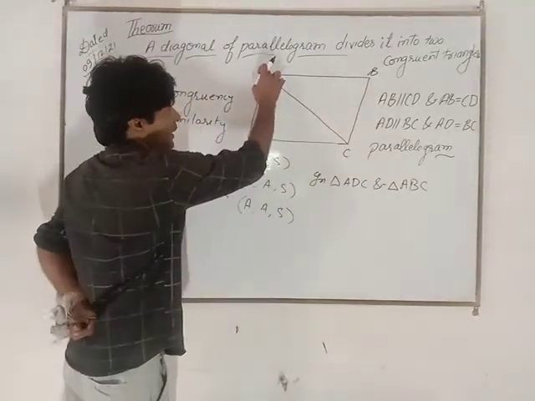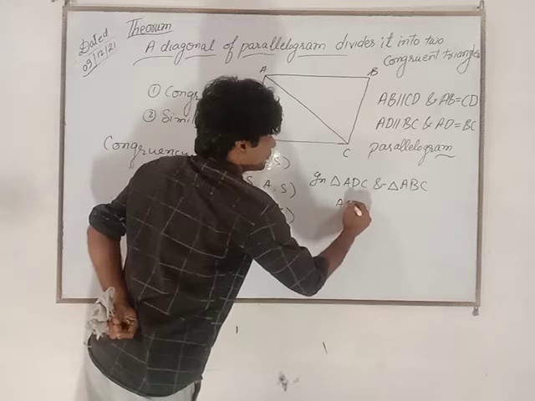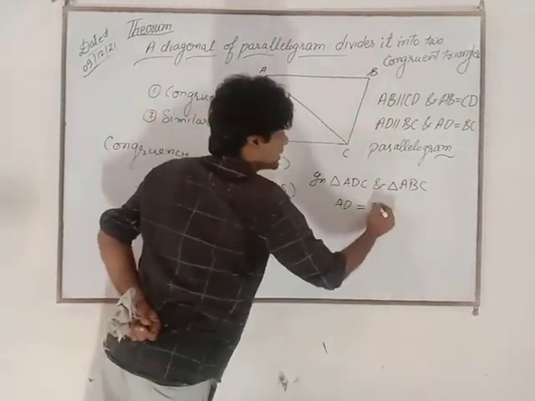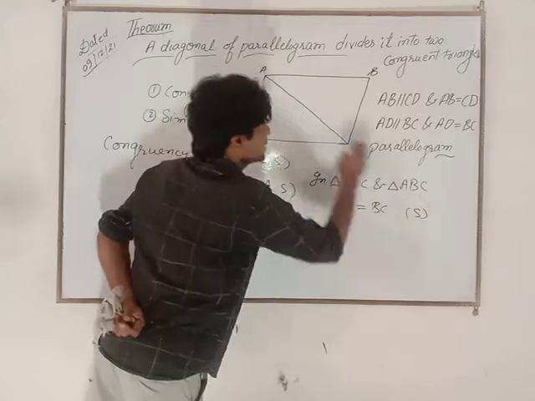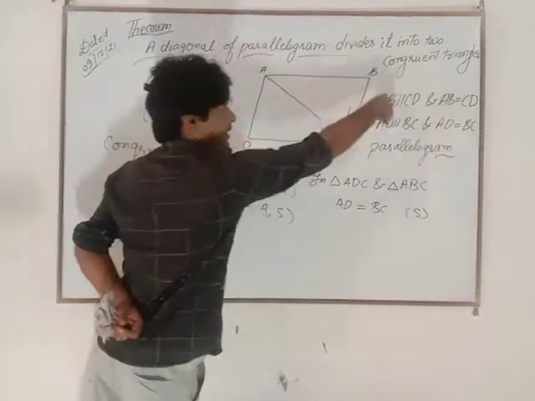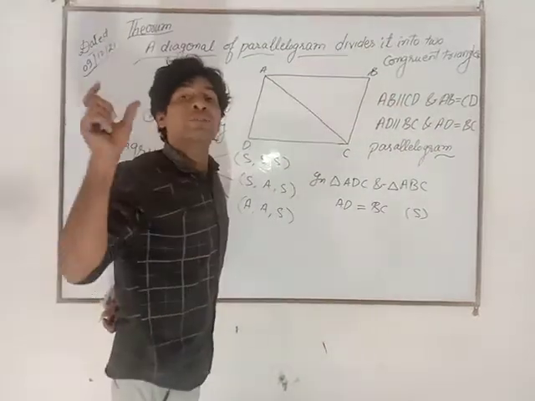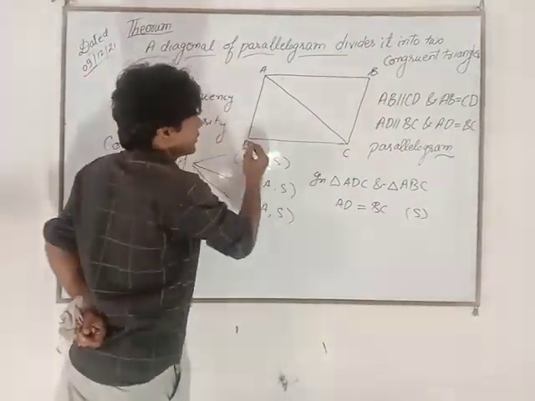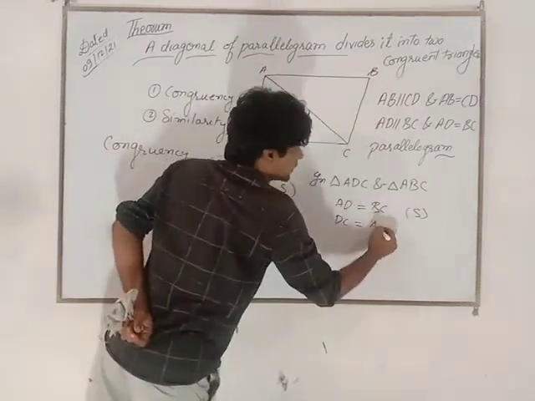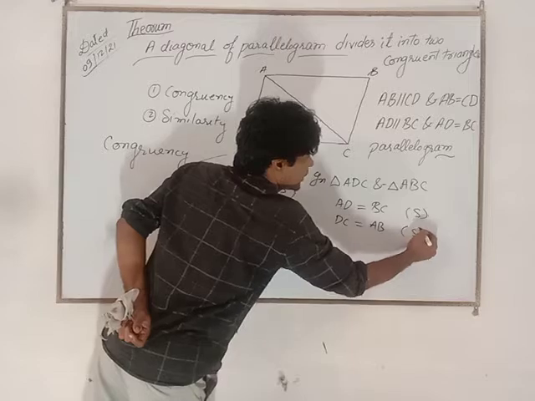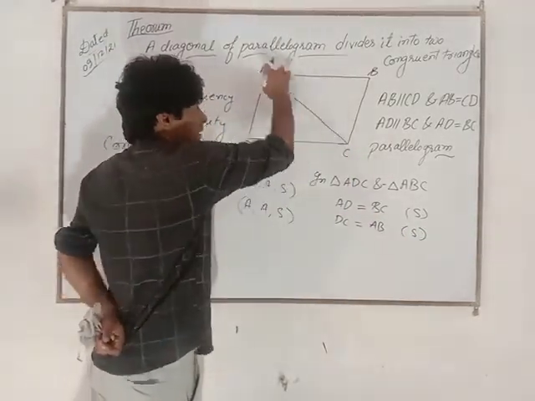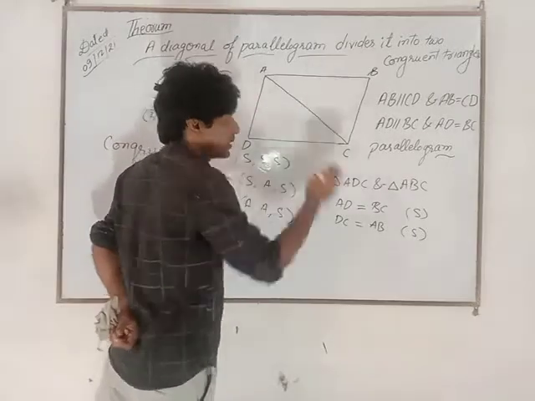Now AD is equal to BC, one corresponding side is equal. Here already given AD is equal to BC, because this is parallelogram, right? Now DC is equal to AB, one more corresponding side you have got, right? Now AC side is common in both triangles.